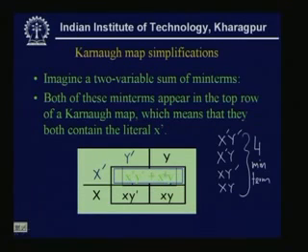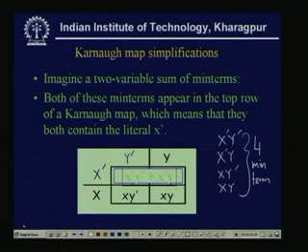So, both the minterms of the first row exist in the function, that means my function f equals x dash y dash plus x dash y. This is the first row.